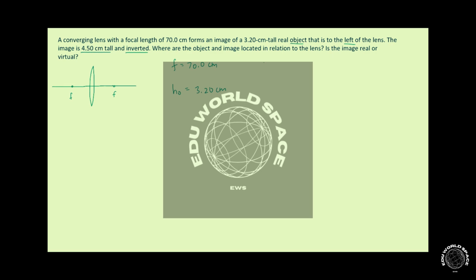So converging lenses form real images that are inverted. Virtual images are always upright, regardless of the kind of lens. So the fact that this is inverted tells us that it is real.